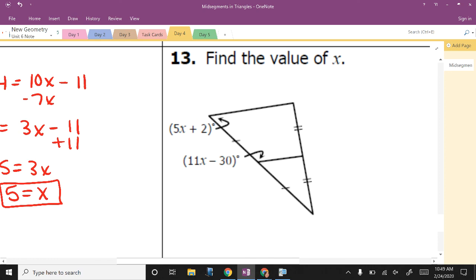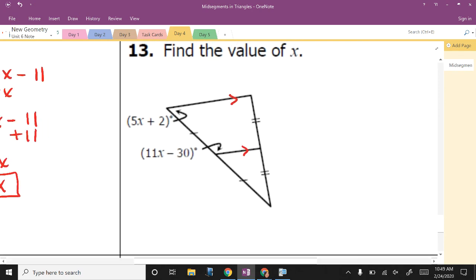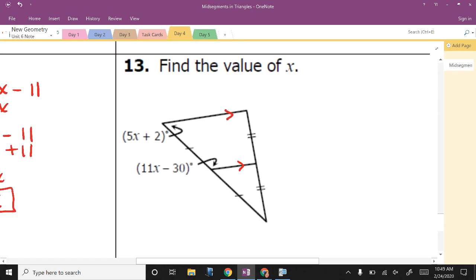So that means these two sides are parallel to each other. So what kind of angle relationship do I have between these two parallel lines going on? Consecutive interior. And consecutive interior angles are what with each other? Supplementary. So that means they add together to make 180. So that's how I set up the equation to find x on this one.